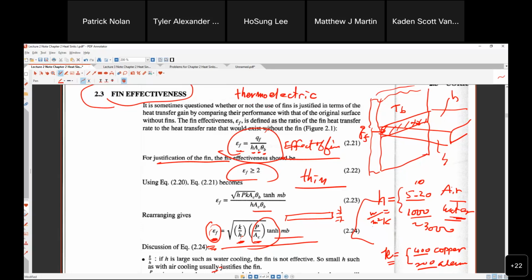Thermoelectric. Thank you. One more student. Thermoelectric. Thermoelectric. So I say thermoelectric. Does that look good? Pronounced? Yes or no? Yes.